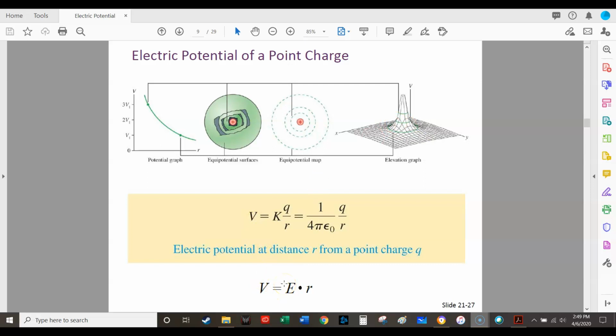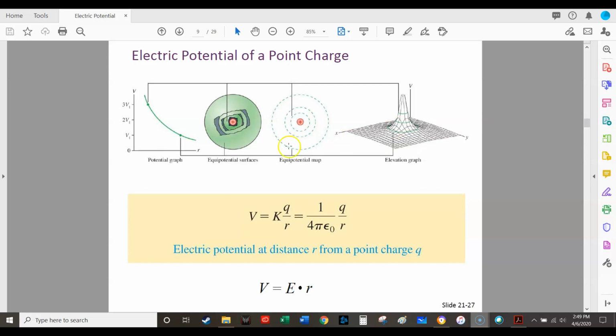It has no vector quantities to it. So what we've learned is that if something's a scalar, you can just view it as a magnitude, right? And in this case, we're going to view voltage as almost like a height, okay?